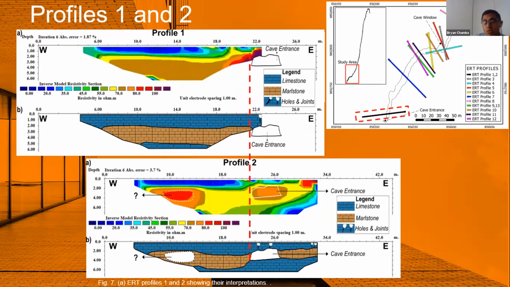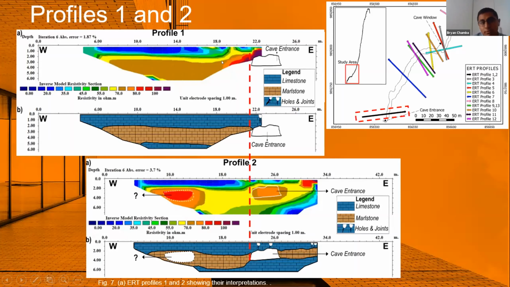So the high contrast between air-filled voids and conductive layers creates these resistivity anomalies. And when we see a resistivity anomaly on the profile, we could say that it could give us a signal of the cave. In that case, in profile 1, we were not able to reach the cave entrance because this profile was really short.